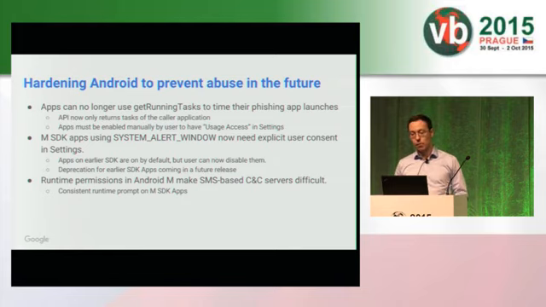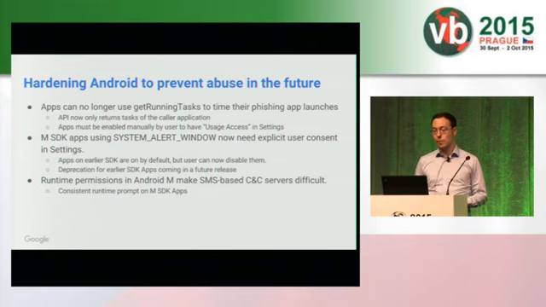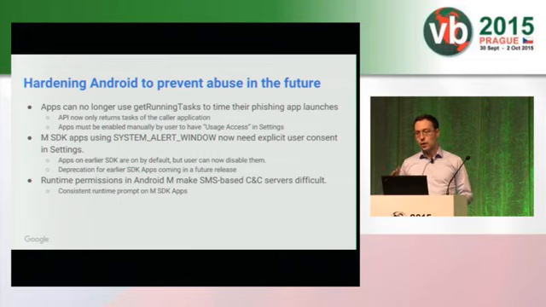We made a change in Android Marshmallow, which is 6.0, that drawing over other windows needs to be very explicitly opted in by users in the settings, and not just any arbitrary apps that request that permission can draw over other applications. So we try to shut down this vector of potential user confusion.